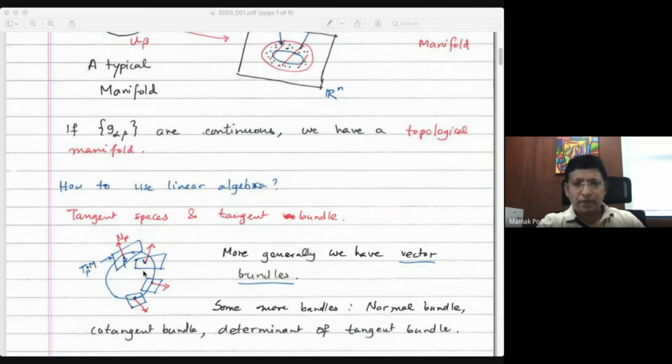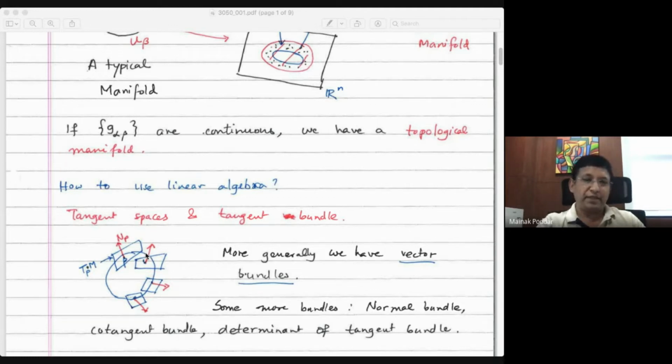Now, you can think of a tangent space as a local linear approximation to the manifold. And so you can do some linear algebra on the tangent spaces, but there are a lot of these tangent spaces, right? And together they form something called a bundle.